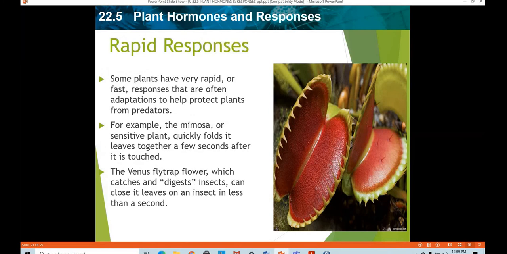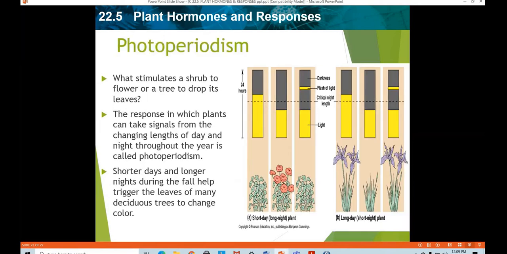Then we spoke about the rapid responses of plants, like the mimosa plant, whose leaves close whenever we touch it, and also the Venus flytrap. These rapid responses are often adaptations to help protect themselves from predators, and from people or animals who can cause them damage.